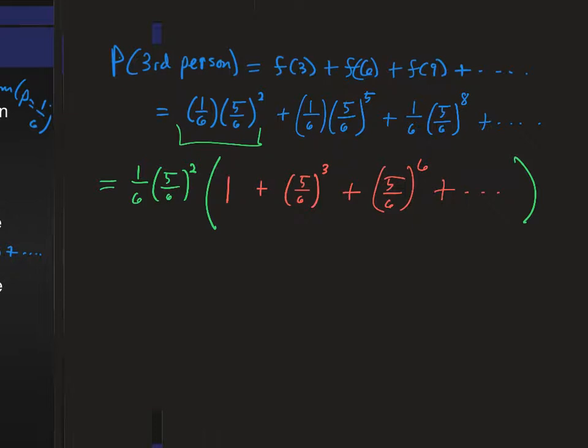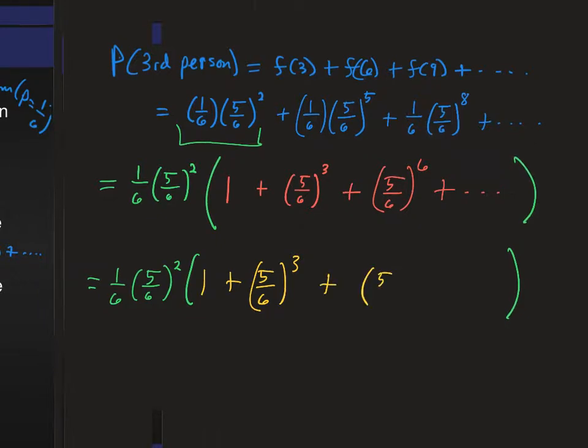And the way to think about this, we'll have this leading term 1 plus 5 out of 6 to the third plus, here's the neat little trick, 5 out of 6 to the third squared, right?